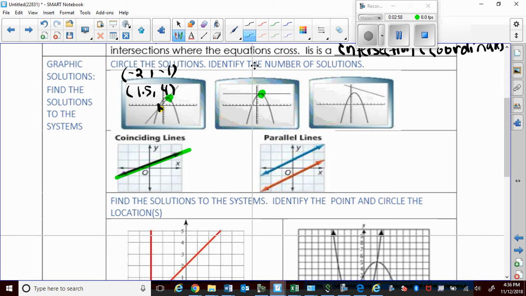Might be off a little bit. Over here, I have an intersection at 1, comma, 6. Here, no solutions.